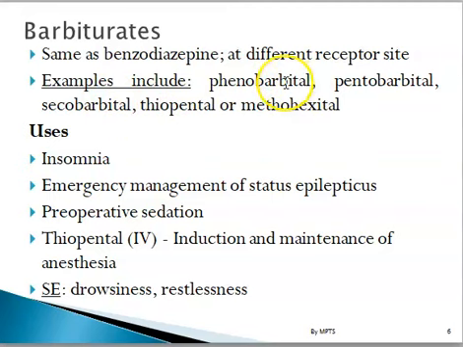Examples include phenobarbital, secobarbital, thiopental, and methohexital. They are used in insomnia, management of status epilepticus, and preoperative sedation, and thiopental can be used for induction and maintenance of anesthesia. However, they produce strong sedation. These are strong sedatives, with side effects such as drowsiness, restlessness, and the like.